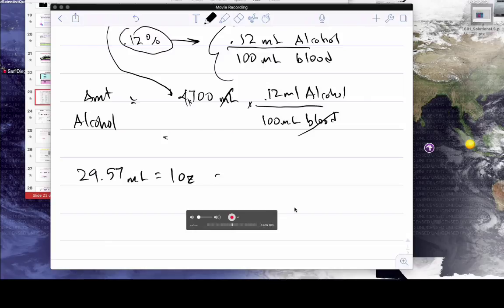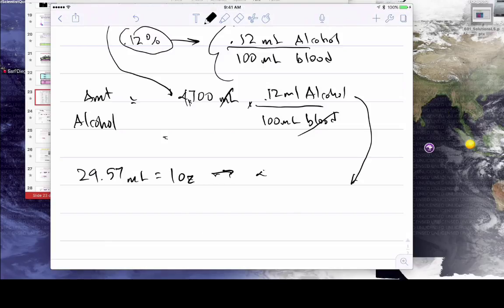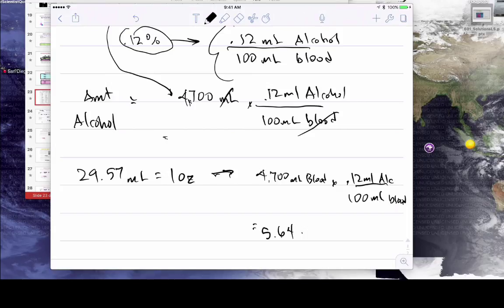So if we do this math, 4,700 milliliters of blood times 0.12 milliliters of alcohol divided by 100 milliliters of blood, that comes out to 5.64 milliliters of alcohol. Do the math: 4,700 times 0.12 divided by 100.